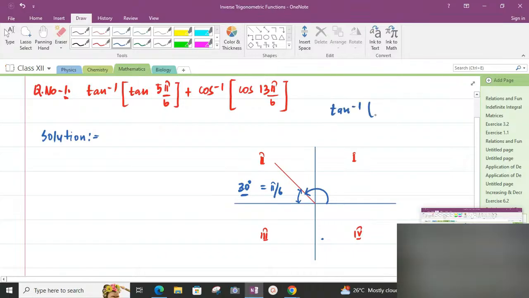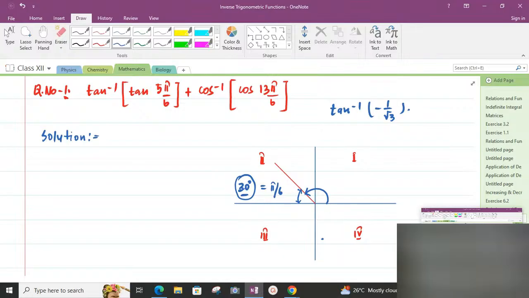Tan inverse minus 1 by root 3. So this is in the second quadrant, and in the second quadrant this is 30 degree, so this will be minus 30 degree. Hope there is no problem to understand up to this step.